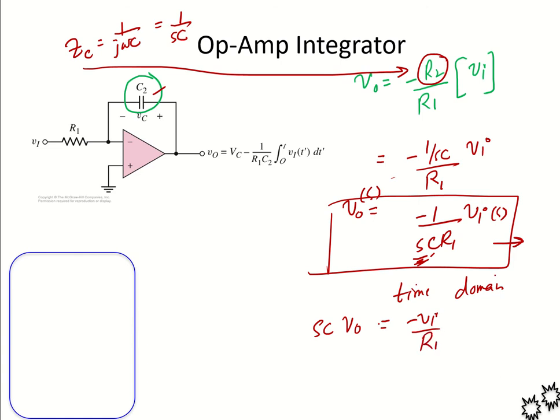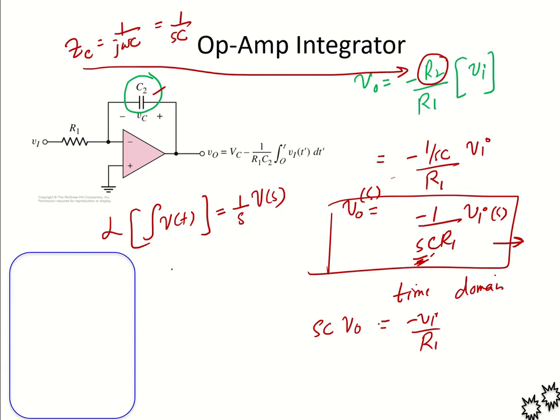And we know that basically the Laplace property is that if we have 1 over s, it actually represents integration. If we have one signal, take the integration of that and then take the Laplace transform of it, this is basically equal to 1 over s times V of s.